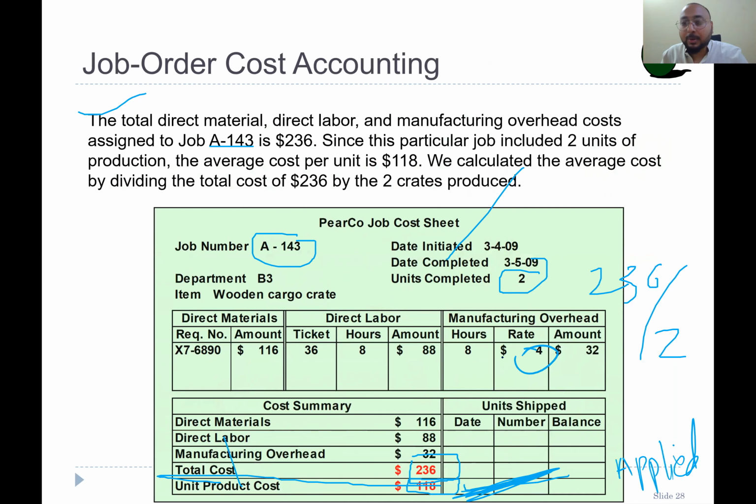How much grease you applied for machinery, that cost comes after some time. You pay salary to the security guard after the month. How much extra time he worked and what the cost will be, it is like that. All the data comes after the period. But this is based on applied, or estimated, manufacturing overhead, right?